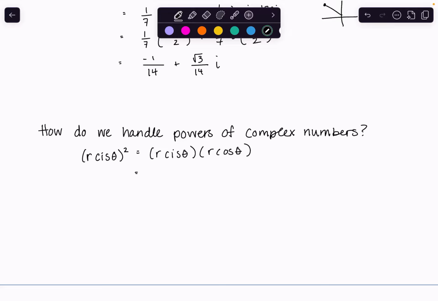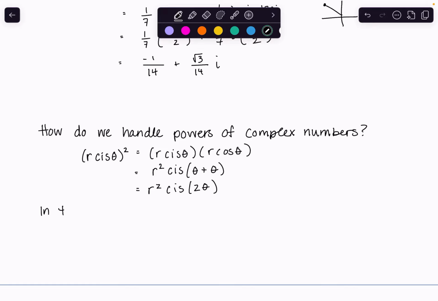So applying our product theorem, you multiply the R values and then you add the angles. But when you add the same angle twice, it just results in 2 theta. So what happens is the power distributes to R and you multiply theta by that.